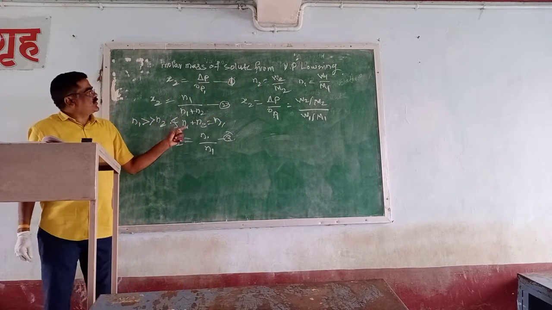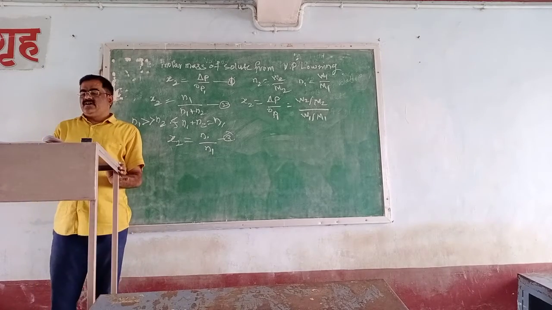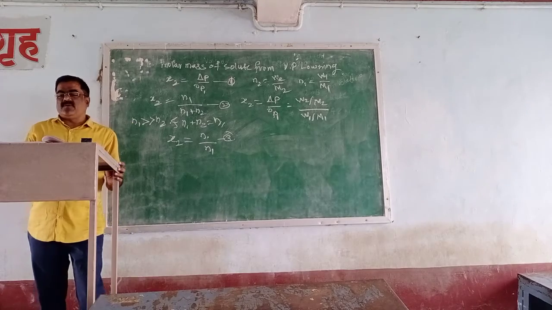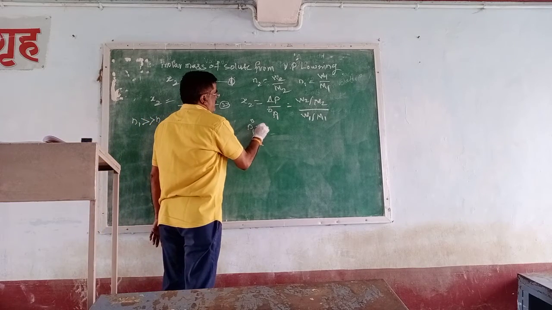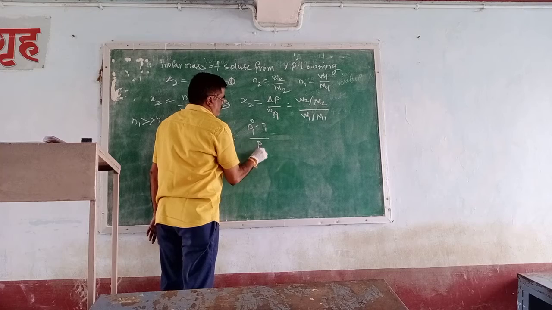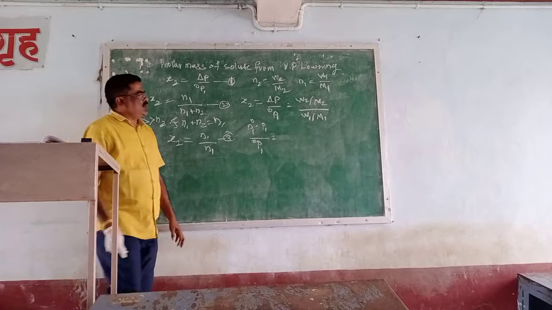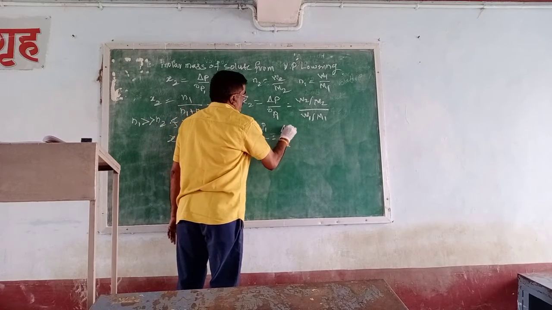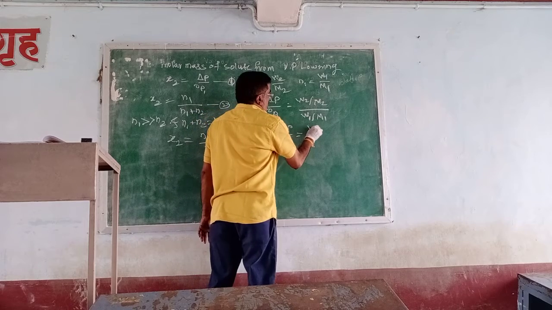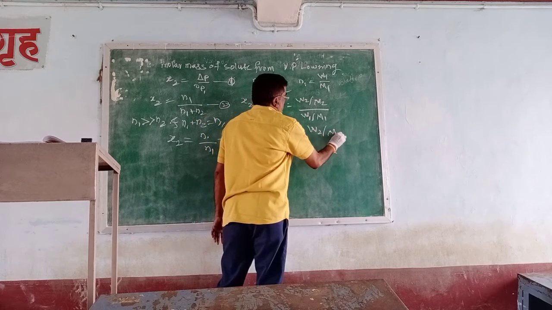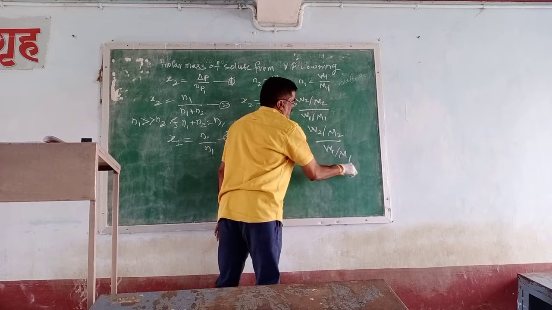Then x2 is P1 naught minus P1 upon P1 naught, which is equal to delta P upon P1 naught, which is equal to W2 upon M2 divided by W1 upon M1.